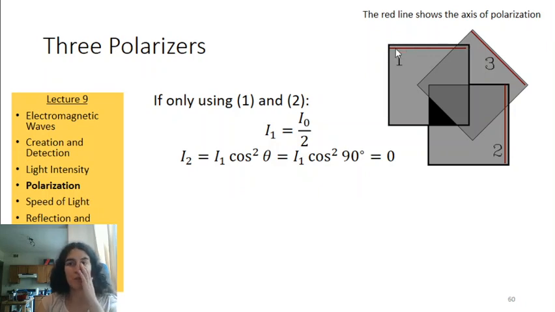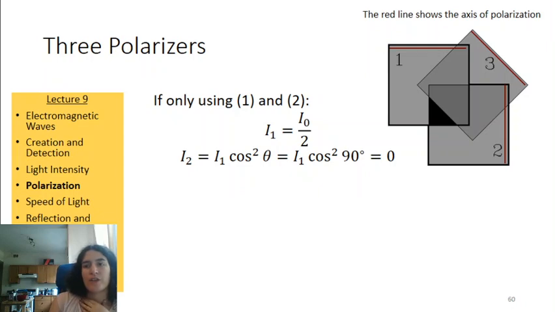So I would expect 1 and 2, when I line them up on their own, to let no light pass through. But here's the tricky thing: what if I put a polarizer 3 in between 1 and 2, at a 45-degree angle from polarizer 1 and polarizer 2, right?